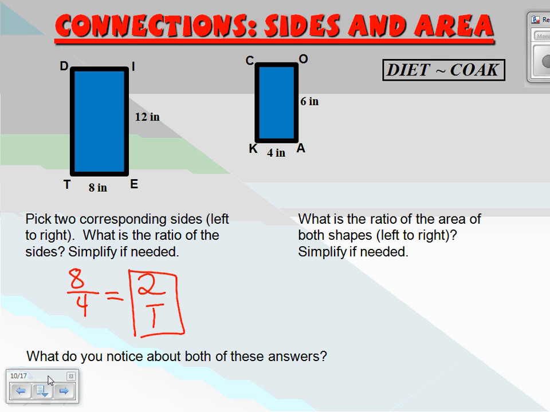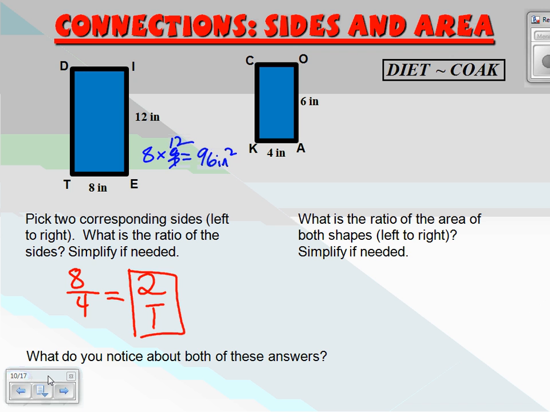What's the ratio of the areas? Well, the area of the left-hand shape is 8 times 12, which equals 96 inches squared. So what's the right-hand one?